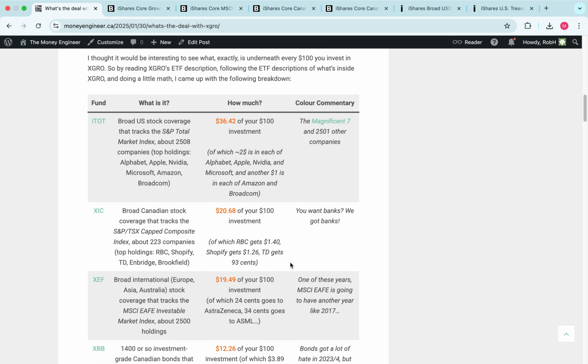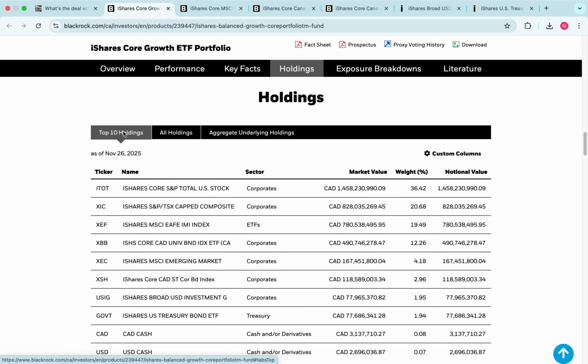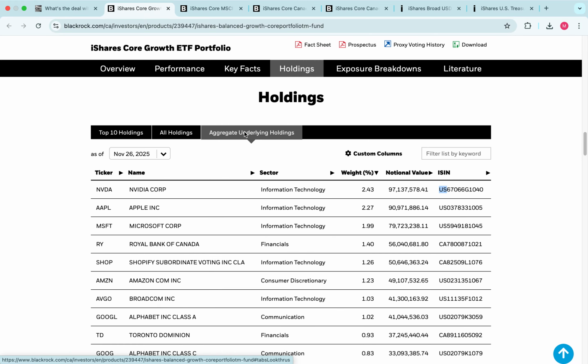So then moving along, and we just do this the same way for each of the categories, right? So going back to XGRO and going back to the top 10 holdings, you see the very next fund of funds held is XIC, which is the S&P TSX, aka the Canadian stock market. Again, since we maybe only really care about the very largest stocks here, you can again look at the ISIN number and look for CA, which stands for Canada.